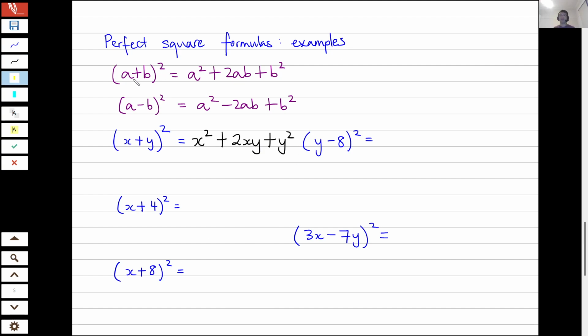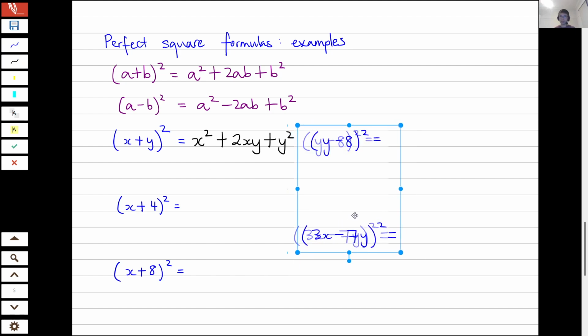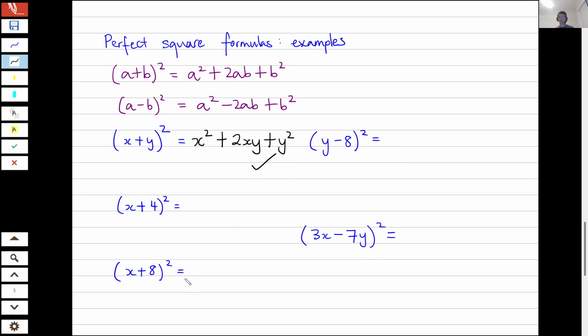All I have done is replace a with x and b with y. That's all I've done. Okay? There is nothing else we can do because x squared, y squared, and 2xy are all different terms. I cannot add them together. So that's done. You have nothing else to write here.